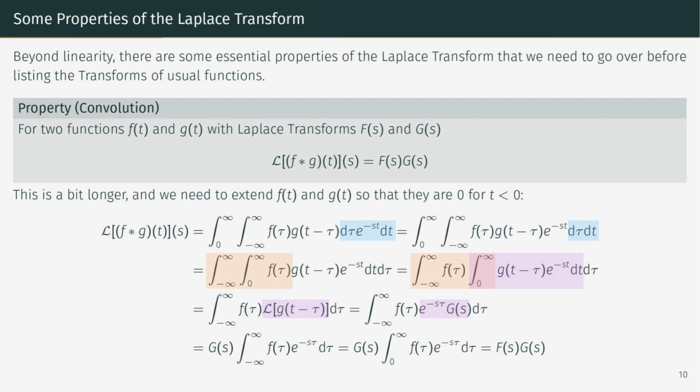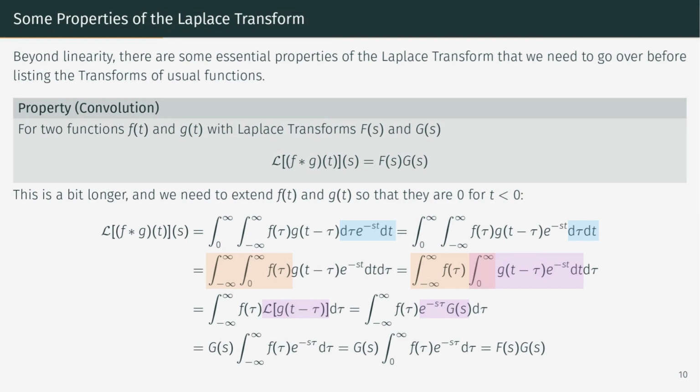This calculation is a bit longer, and we need to extend f of t and g of t so that they are 0 for t less than 0. For the first few steps, we will be inverting the order of operations one step at a time. To make that clearer as we go through it, I've colored the steps in question.